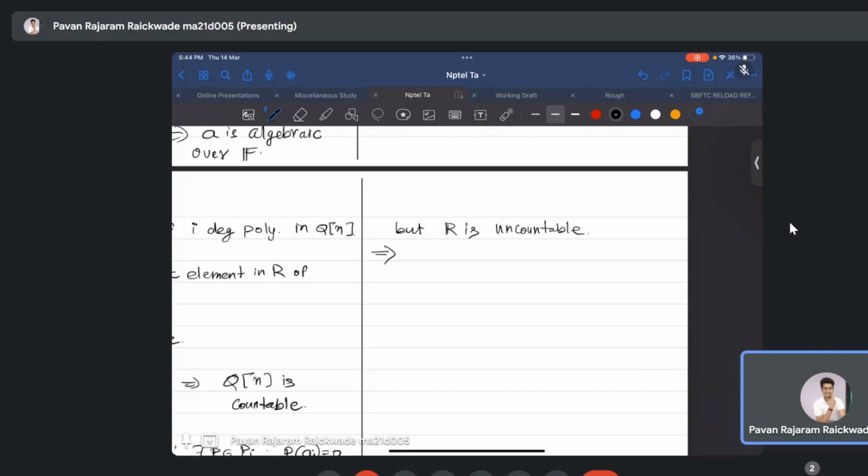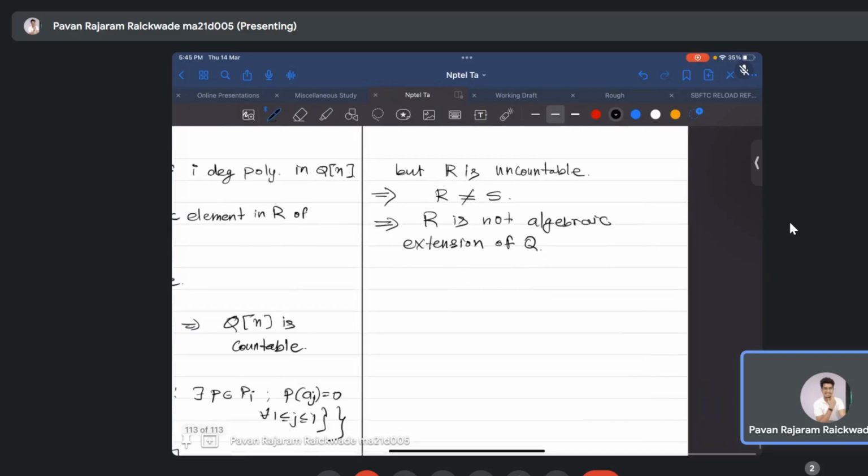Which implies R cannot be the same as S, which implies R is not an algebraic extension of Q. Yeah, so we have shown that R is not an algebraic extension of Q.